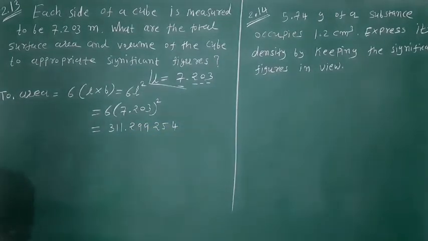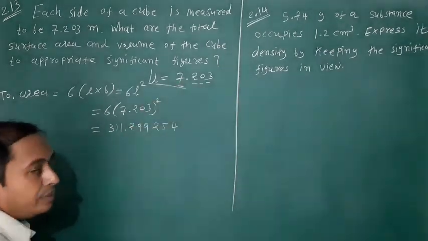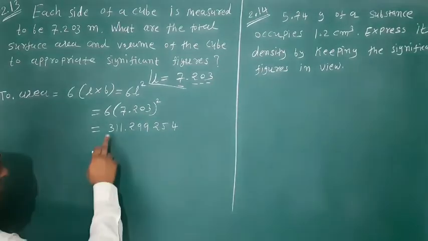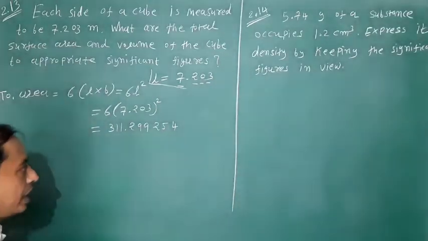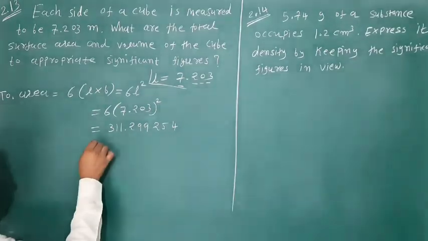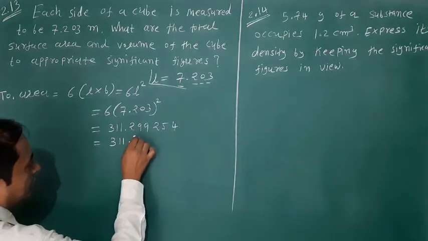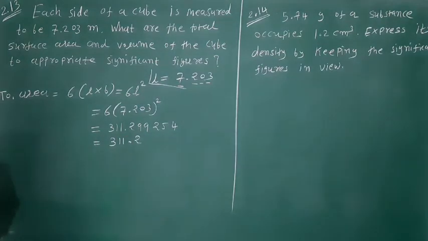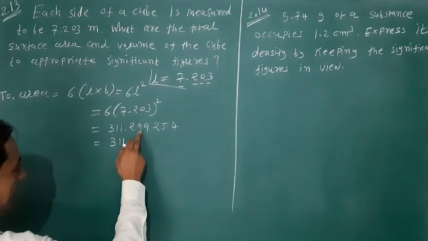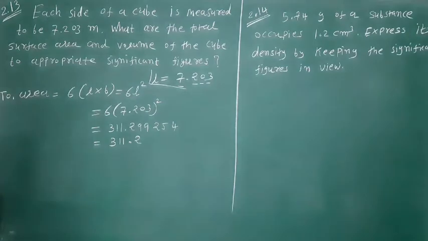Okay. But look here, the length has only 4 significant figures. So now we round off: 311.3. Okay, means here we remove all these extra digits.